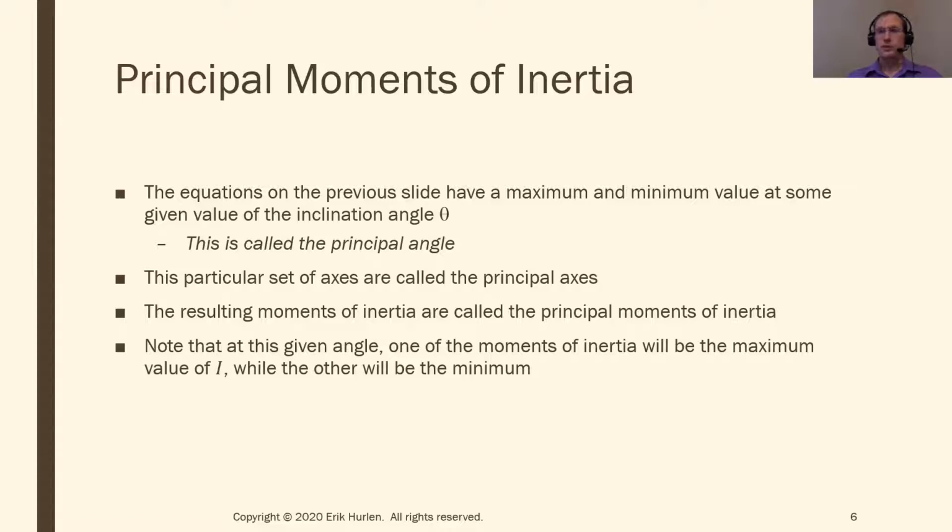And these will always be offset by 90 degrees. So vertical maximum, horizontal minimum, a difference of 90 degrees in that rotation. You always have two principal moments of inertia, one corresponding to the maximum, one corresponding to the minimum, and they're given at some principal angle.